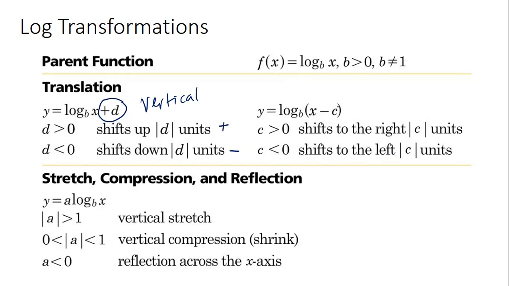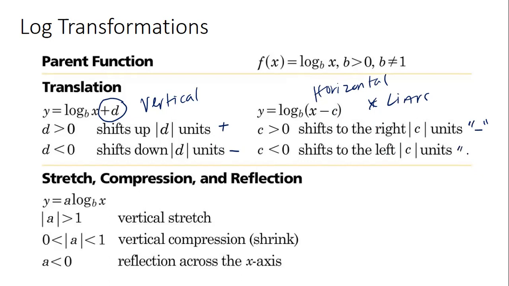Okay? If I have a number inside with x, that's our horizontal. And what do we need to remember about our x's? They're liars. Okay, so the key thing is, if it looks like I am subtracting, I'm actually going to the right.